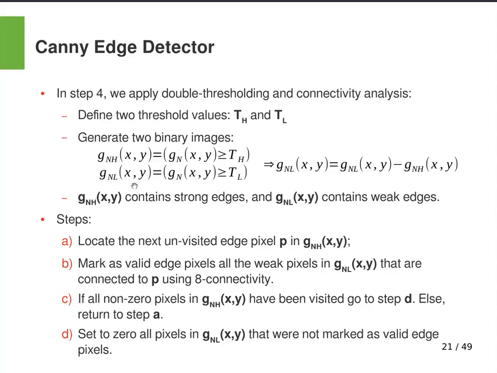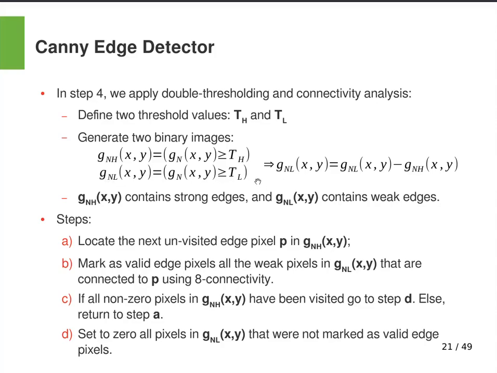And for gn of l, any pixel with a gradient value greater than or equal to tl will be assigned the value of 1 in gn of l. As you can see, since th is greater than tl, all the pixels with value 1 in gn of h will also be included in gn of l.